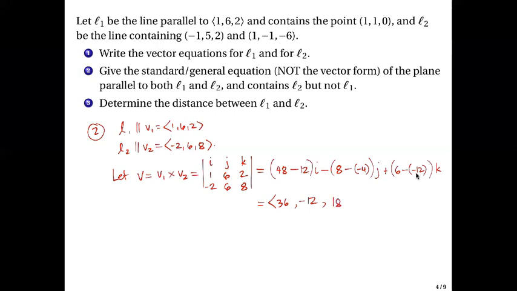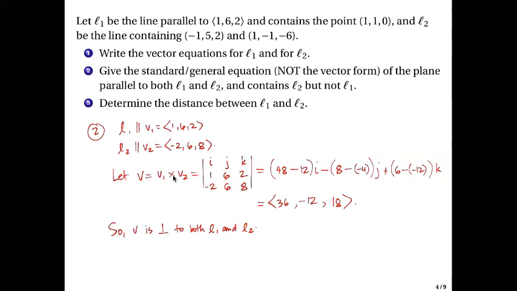So we have 18 here. So this vector V, <36, -12, 18>, is perpendicular to both L1 and L2.